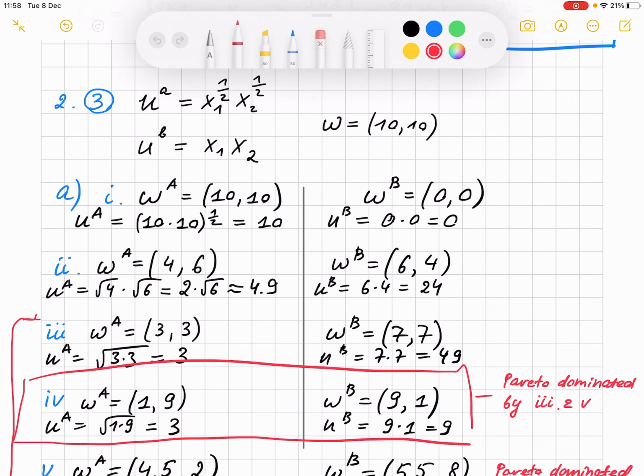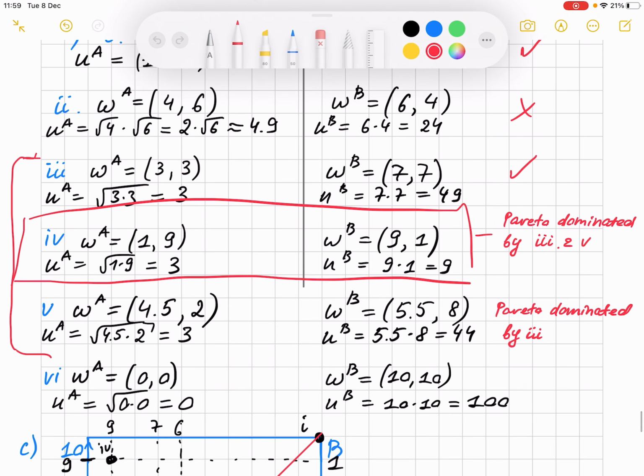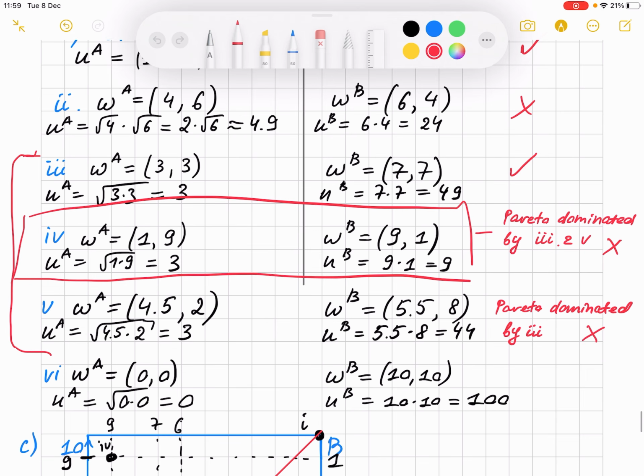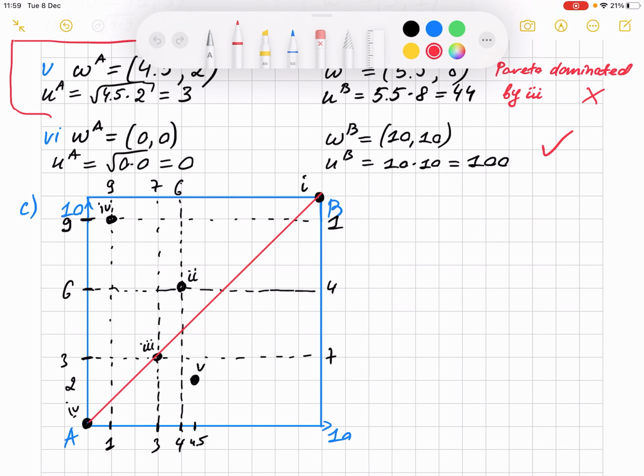So the first one is Pareto optimal because A consumes 10, 10. The second one is not Pareto optimal. The third one is Pareto optimal. We also saw that the Pareto set dominates 4 and 5, which are not Pareto optimal. And the last one is in the Pareto set as well. Graphically, the Pareto set is just a straight line where x1 equals x2.